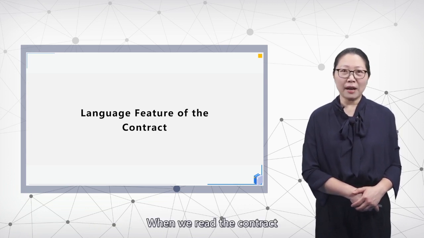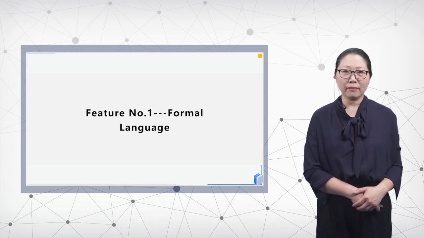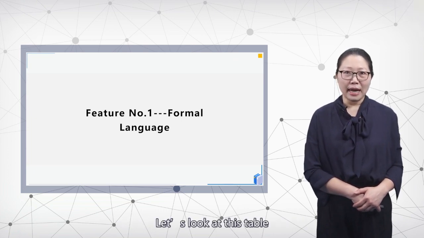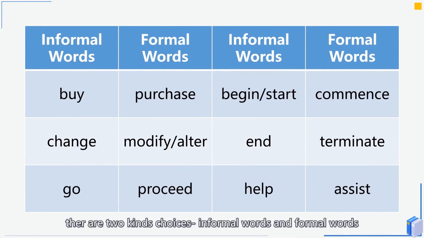When we read the contract, we will notice its language is quite formal. Let's look at this table. Here we can see, if we want to express something, there are 2 kinds of choices, informal words and formal words.